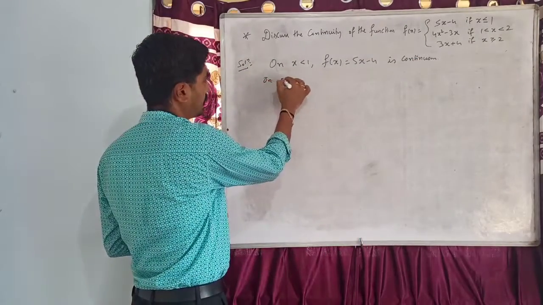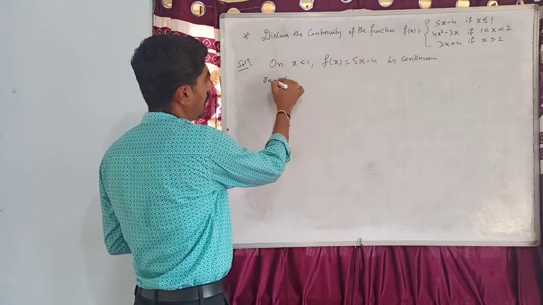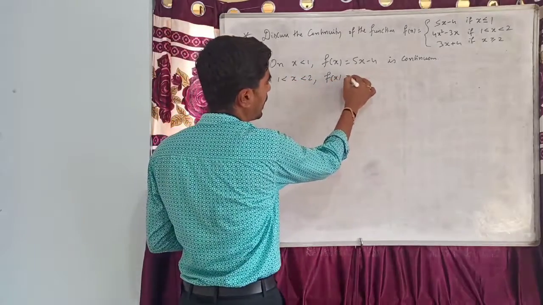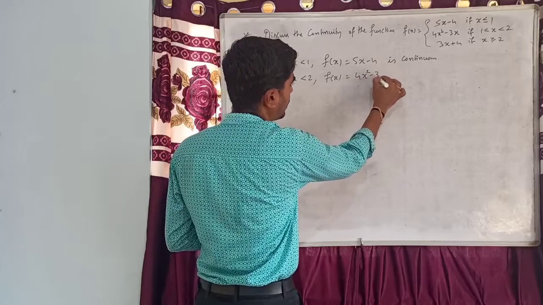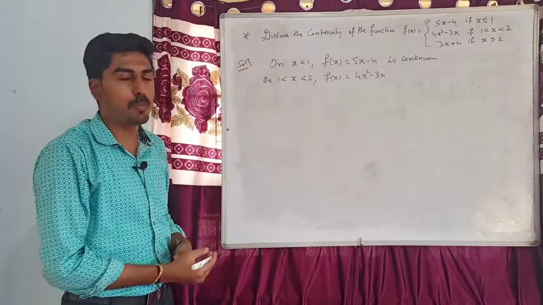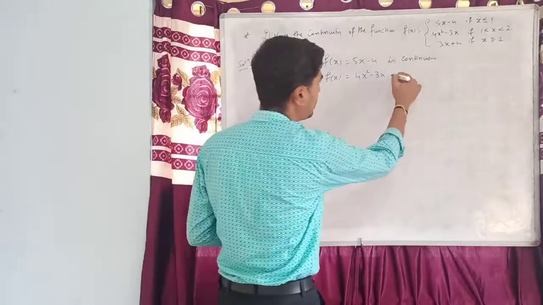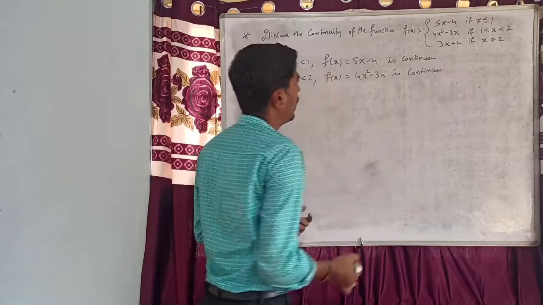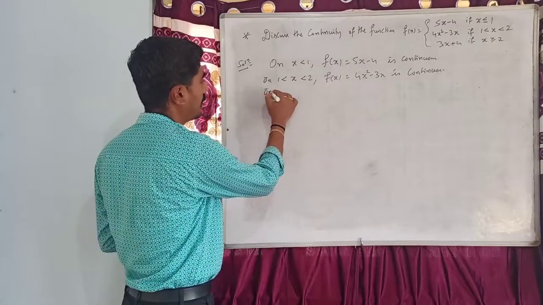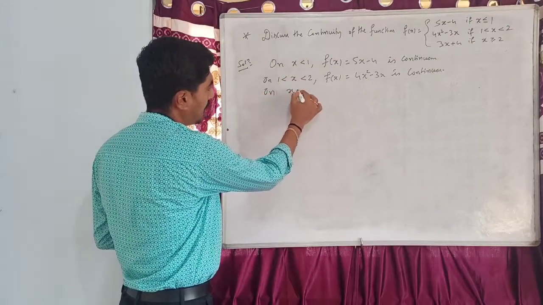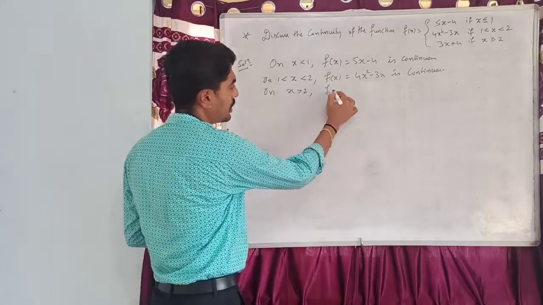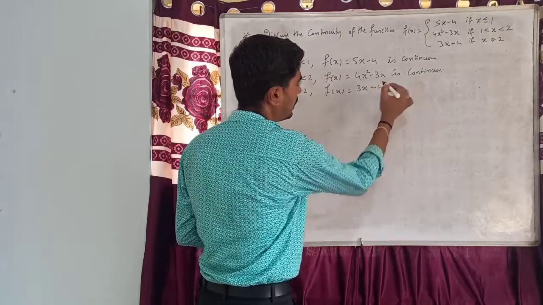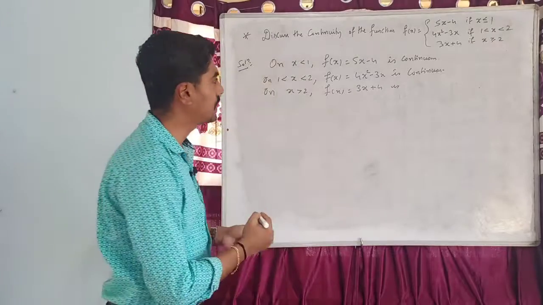Similarly, if x is greater than 1 and less than 2, f of x is defined as 4x square minus 3x, which is again a polynomial function, so it is continuous. And on x greater than 2, f of x is defined as 3x plus 4, which, being a polynomial function, is continuous.